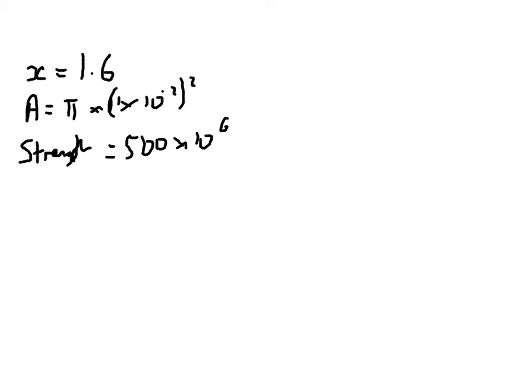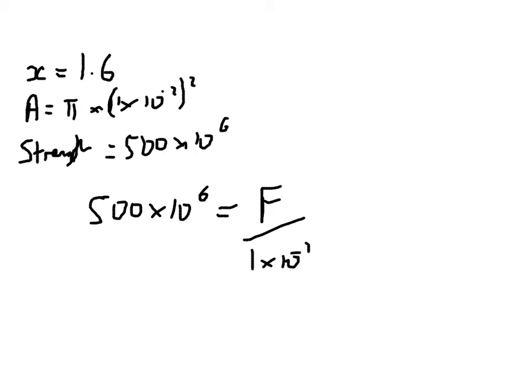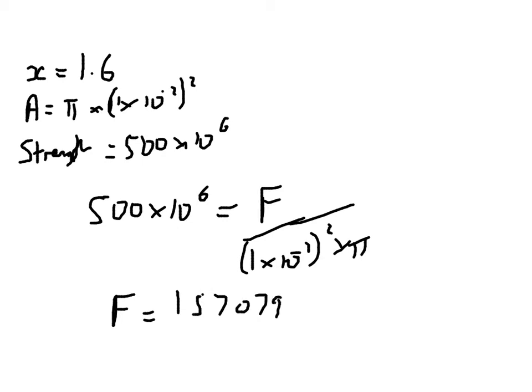There's actually some information in there that you don't need, but we've got the strength, which is a force over area. 500 times 10 to the 6 is going to be our force divided by our area, which is 1 times 10 to the minus 2 squared by pi. So our force is going to equal 157,079.6327 newtons. So what's that?